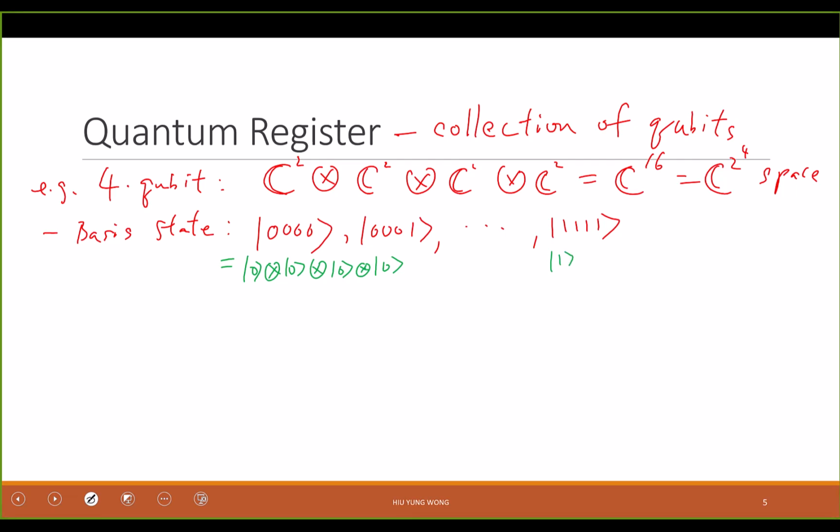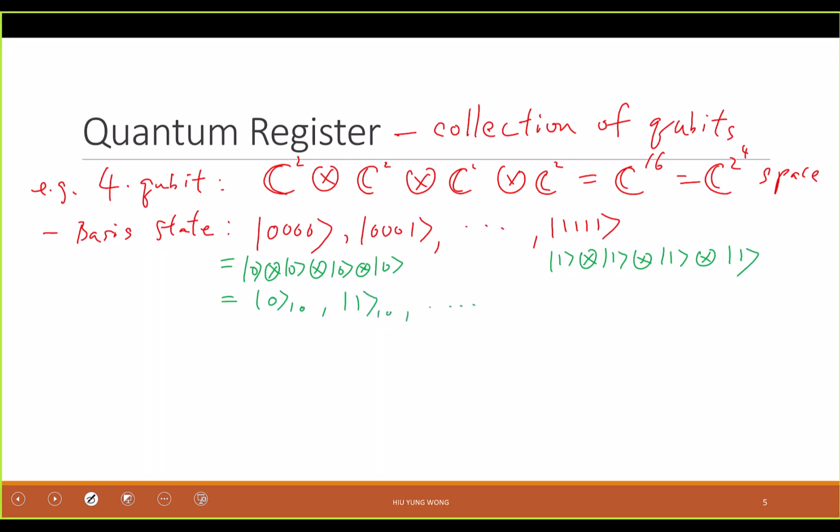This one is 1 tensor product 1. And as I said, if I'm doing decimal, this time I put 10 here. I don't need to if we are sure what it means. Then I have 16 basis states.